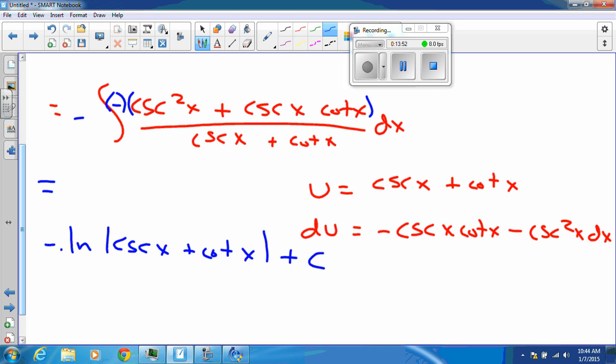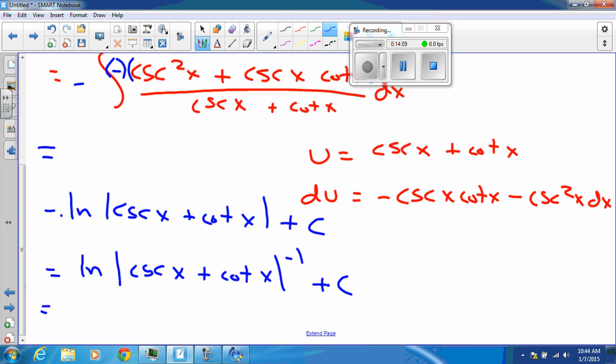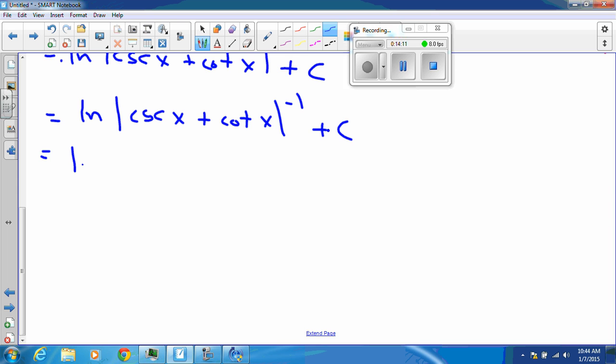This -1 right here can be used as an exponent, right? Because of log properties. So let's explore what happens when we do that. Now, at first, this doesn't seem like we've done anything. But now what I'm going to do is to rewrite in terms of sines and cosines.